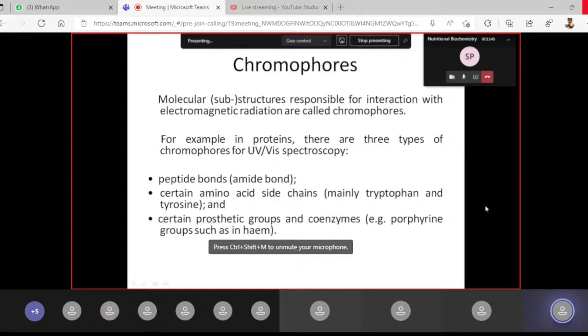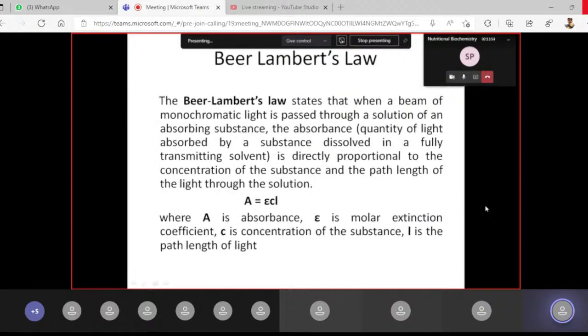So you can't just pass a light by using a torchlight or anything. You have to select a monochromatic light and then allow it to pass through your sample. So you have a light source, select a monochromatic light with a single wavelength, allow it to pass through your sample, and you check how much is the absorbance. Absorbance will be directly proportional to concentration. Concentration increases, absorbance increases.